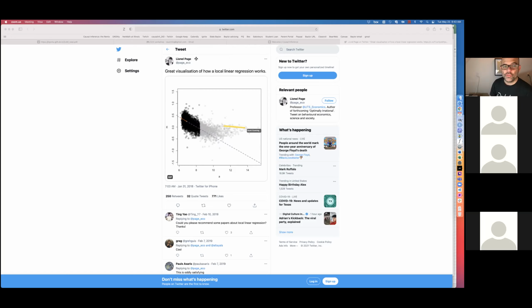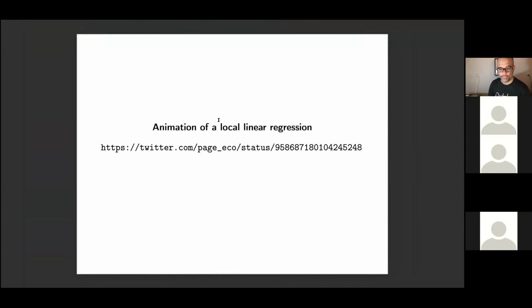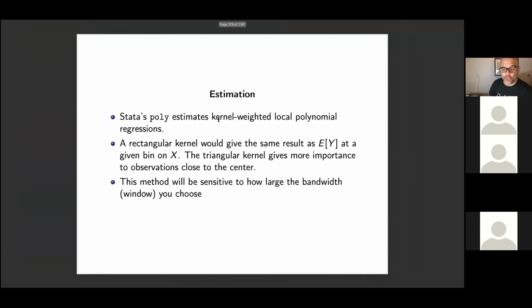So you're using some window that's evolving over time. That was not a regression discontinuity example. That was just local linear regression. But the poly command in Stata will estimate kernel-weighted local polynomial regressions. Now, a rectangular kernel will give the same result as just taking the average, but a triangular kernel will give more importance to observations close to the center.